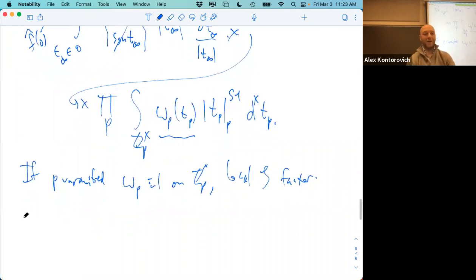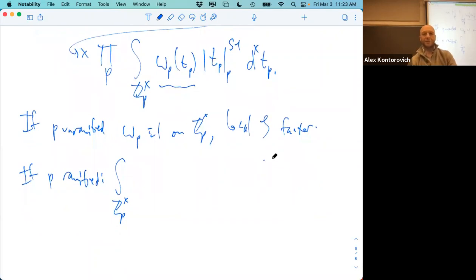If P is ramified, then let's look at the integral. I have an integral over Zp cross. Now Zp cross, let's write Zp cross as Zp cross modulo 1 plus p to the e Zp. Remember this 1 plus p to the e Zp is a subgroup of Zp cross. So I'm just writing a group G as G mod H cross H, 1 plus p to the e Zp.